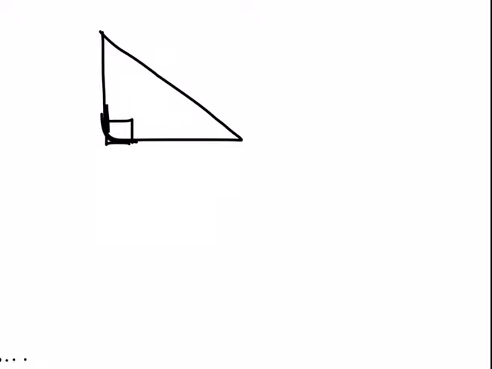Something you should be aware of is that, based on what I have explained, we will use that information to calculate the angles. So you may, for example, be given this side being 2, and this side being 3.